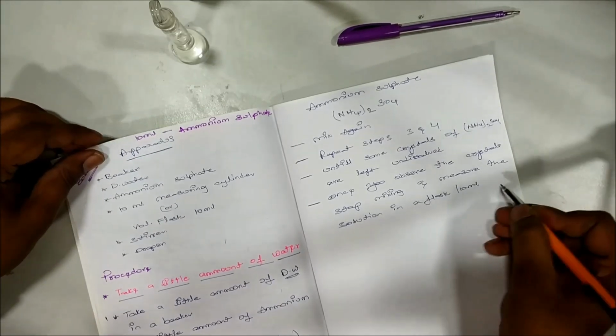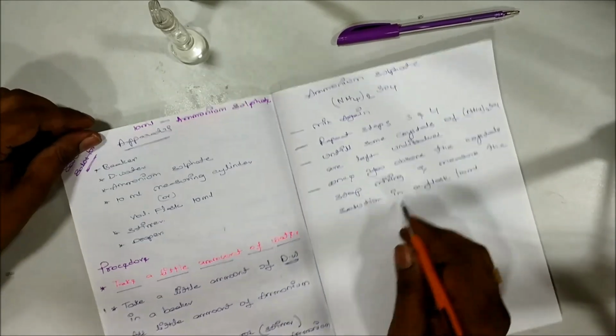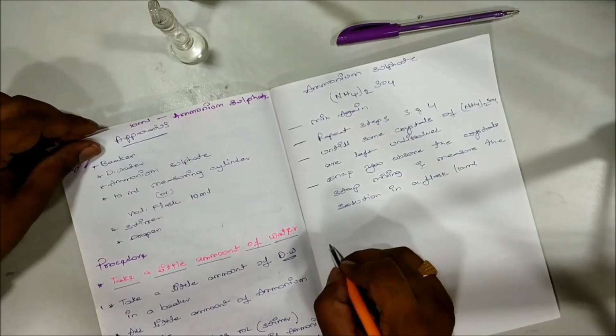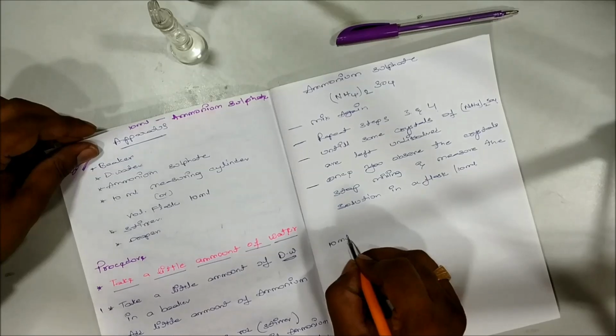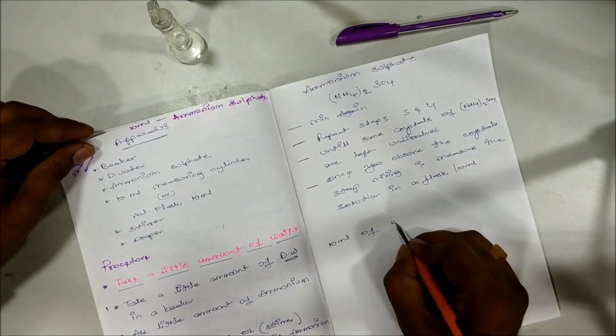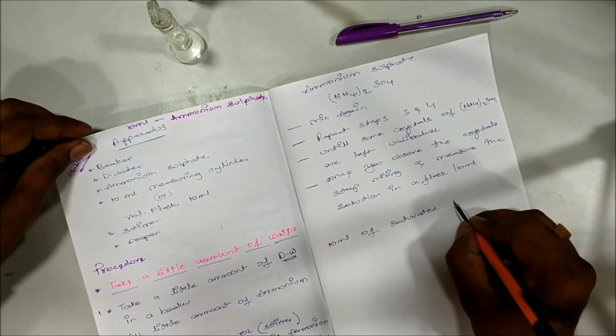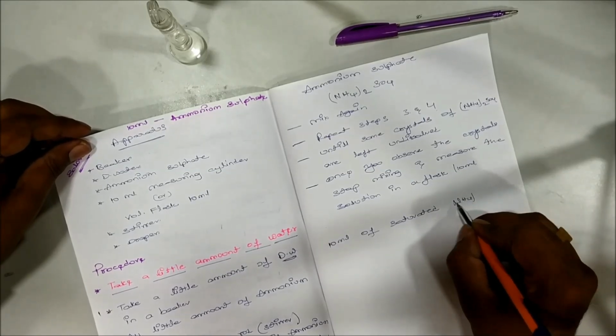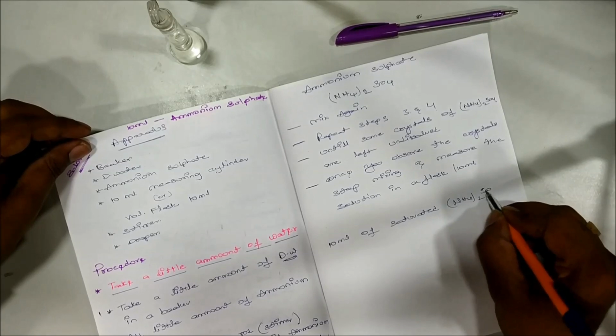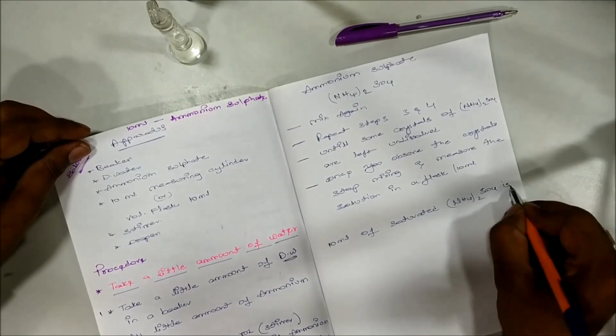It is called a volumetric flask. And finally 10 ml of saturated ammonium sulfate is prepared.